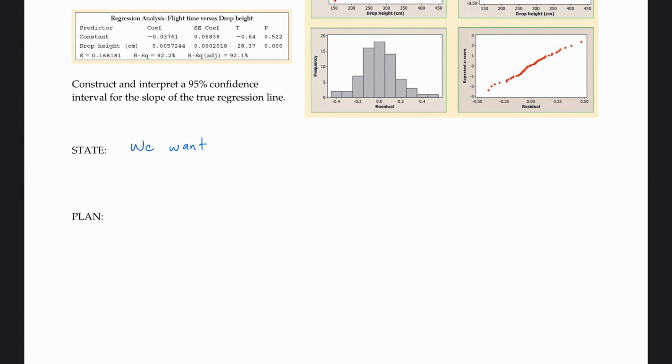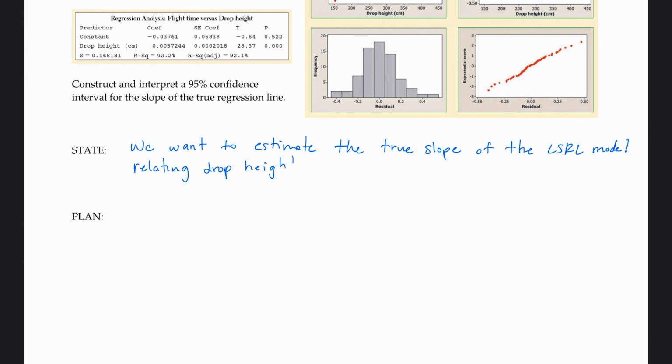What we're doing is constructing an interval, because we want to estimate the true slope of the least squares regression line model relating drop height to flight time. Awesome. So that's what we're doing here.